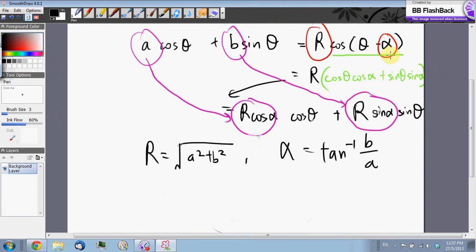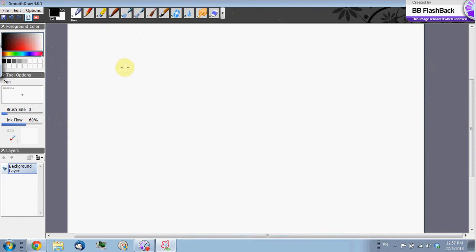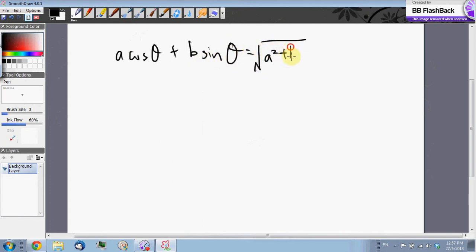So in summary, a cosine theta plus b sine theta is equal to r, which is the root of a square plus b square, times cosine of theta minus alpha, where alpha is just tangent inverse of b over a.